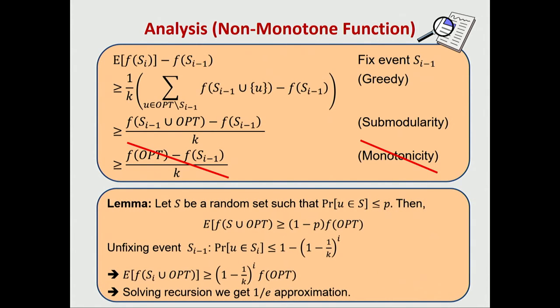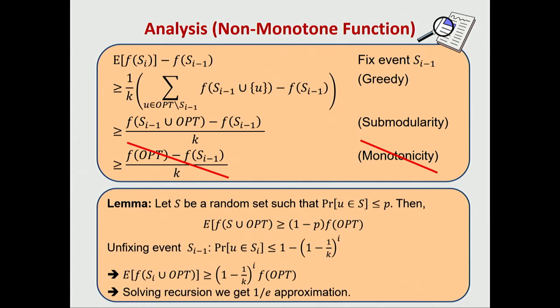What you can prove, on another slide that I will not do, is that if you choose an arbitrary set and you choose each element with small probability p, then the expectation of how much it can hurt opt is no more than 1 minus p of f of opt. So if you choose each element with 1%, then opt still has 99% of the value.